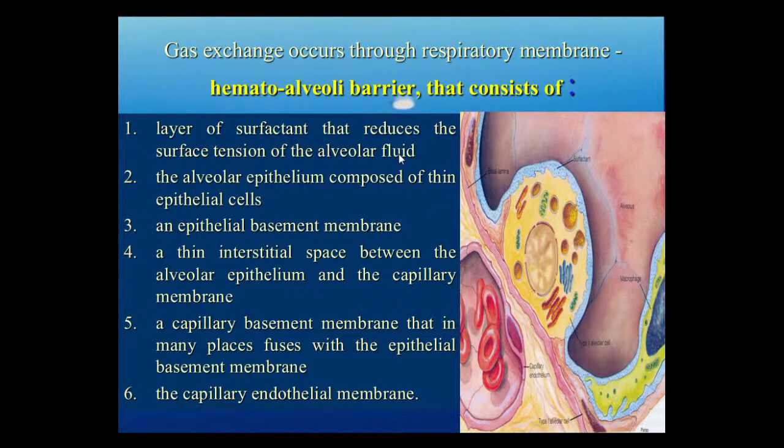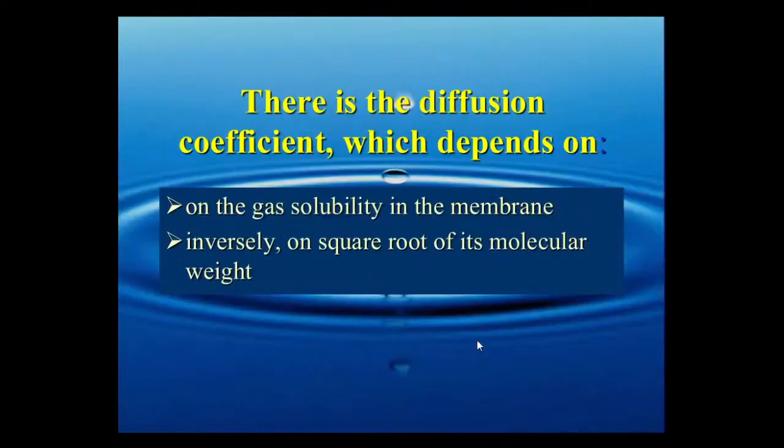So oxygen and carbon dioxide, in order to be exchanged, should pass through all these layers. And the structural and functional state of this membrane, this barrier, determine this process, the second stage or process of gas exchange in lungs.